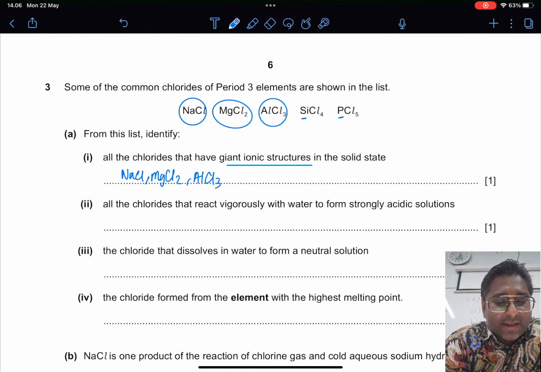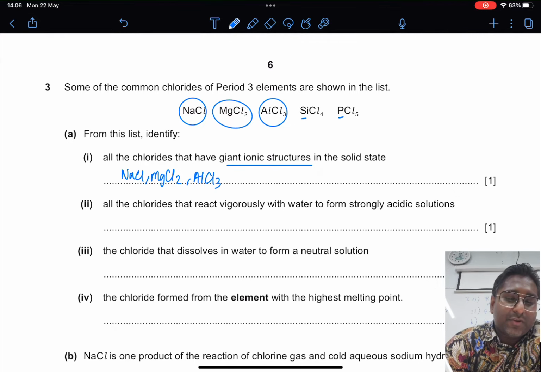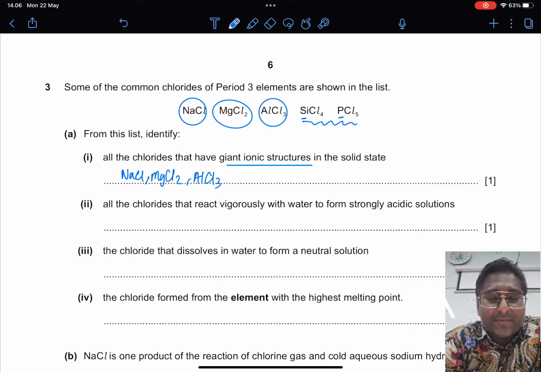All the chlorides that react vigorously in water to form a strongly acidic solution. Acidic means it must not be a metal oxide, because a metal oxide is basic, so it must be a non-metal oxide. They will form a strongly acidic solution. So the non-metal chlorides, we have SiCl4 and PCl5.